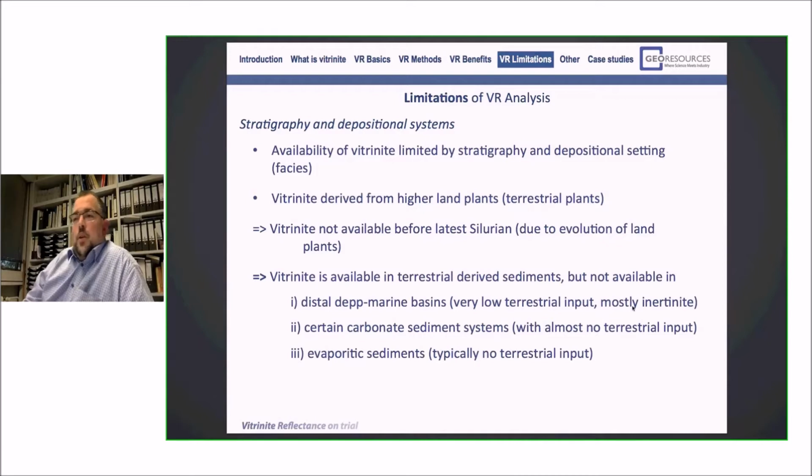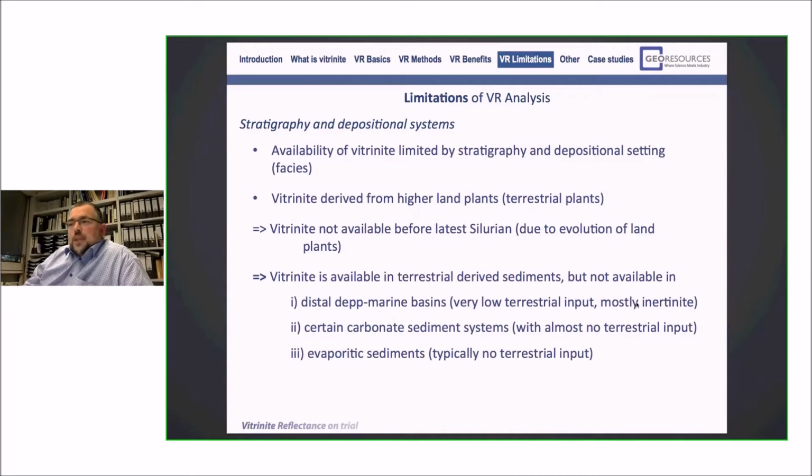This means totally coalified black organic particles, which are not vitrinite and therefore cannot be used to analyze the reflectance and calculate paleo temperatures. So in these very distal deep marine basins, vitrinite is almost not available, and therefore vitrinite reflectance is not able to be done.